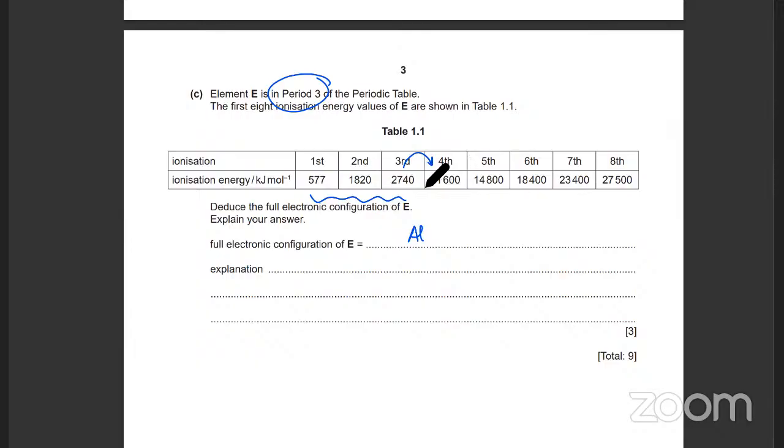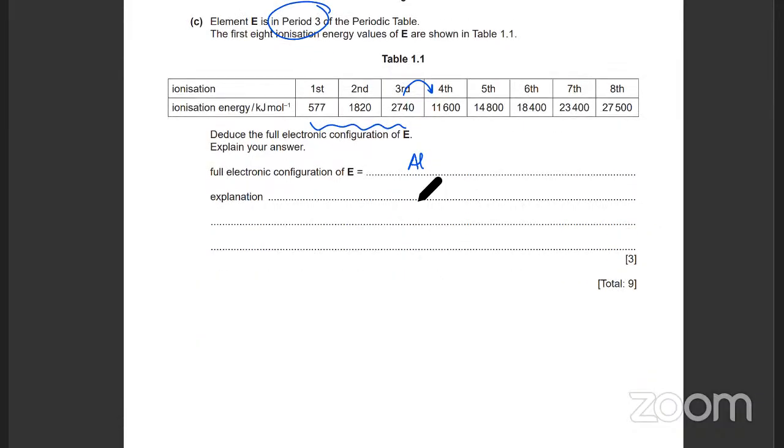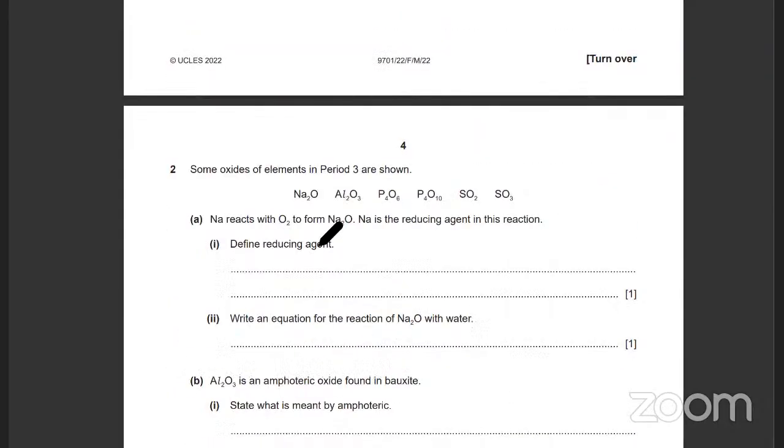The biggest jump is probably this one. So the explanation is that there's a large increase in ionization energy between the third and the fourth. That means the fourth electron is removed from an inner shell, and the outer shell has 3 electrons, so it's in group 3.